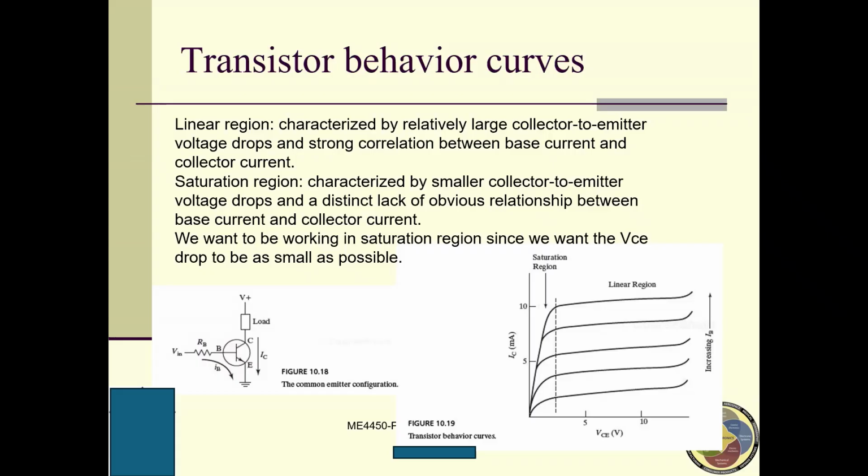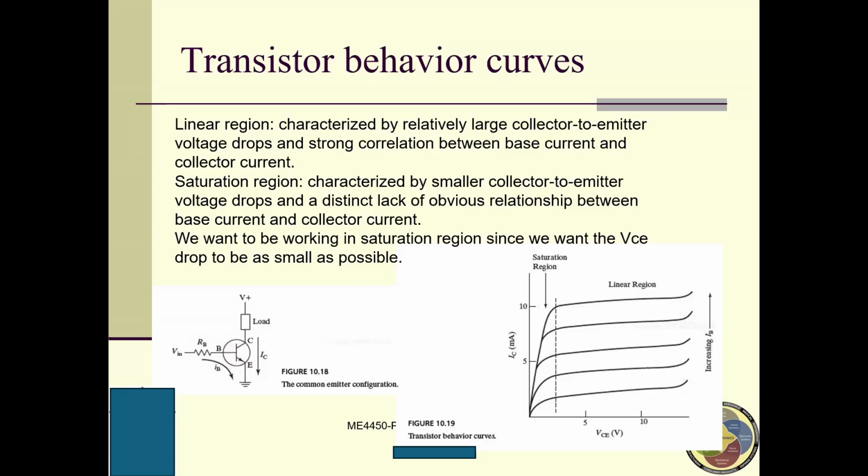So we have two regions, okay? The linear region is characterized by relatively large collector to emitter voltage drops and strong correlation between the base current and the collector current. So this is called the linear region. The saturation region is characterized by small collector to emitter voltage drops and a distinct lack of obvious relationship between the base current and the collector current.